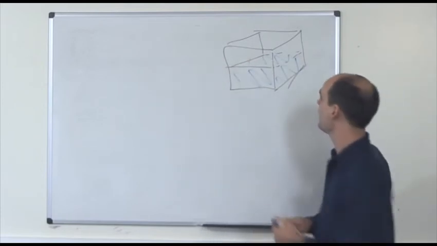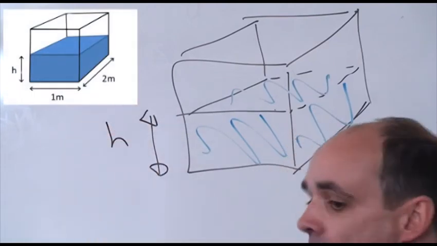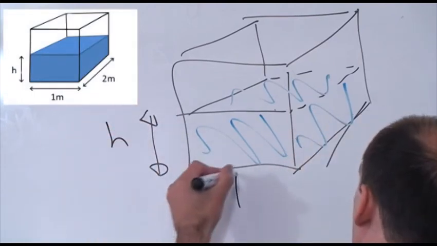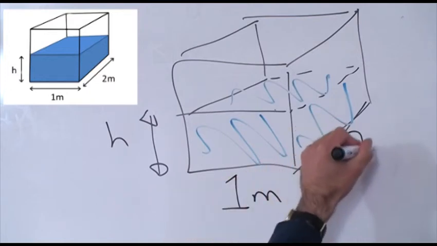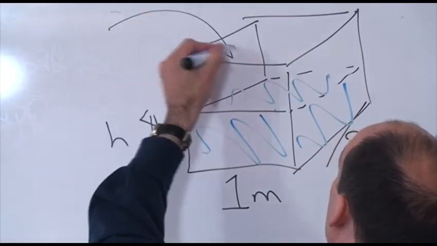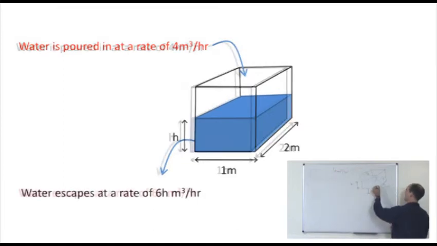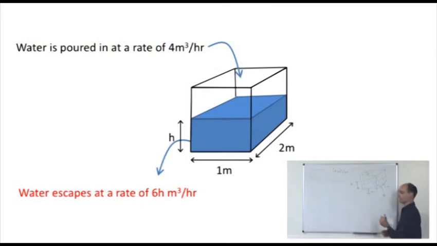And there's a height h of the water in the vat, and the vat is 1 metre length in that direction, 2 metres length in that direction, and water is being poured in here at a rate of 4 metres cubed per hour. But because there's some tap or other, the water is coming out at this side at a different rate of 6 times h metres cubed per hour.